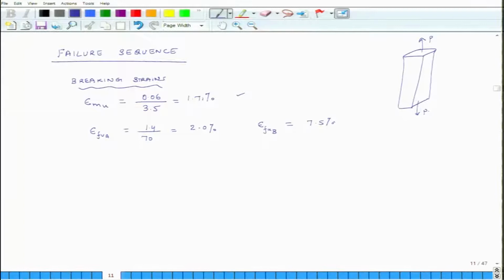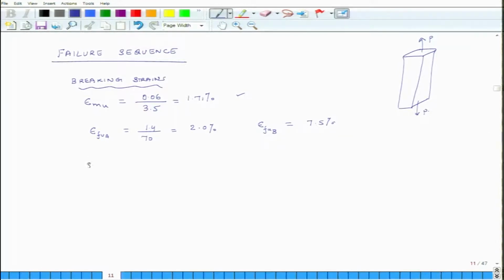So, that is why this special type of matrix will fail first, then at 2% strain fiber A is going to fail, and then at 7.5% strain fiber B is going to fail. So, the answer is, what is the failure sequence?